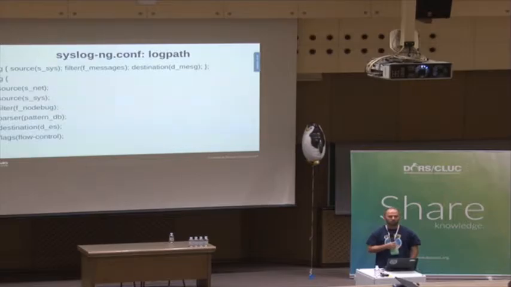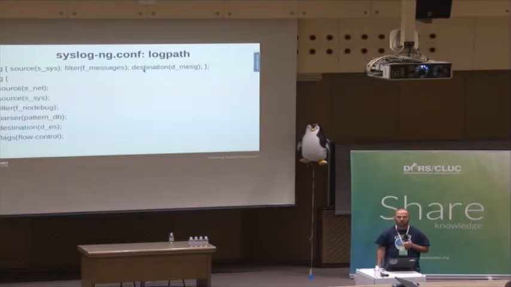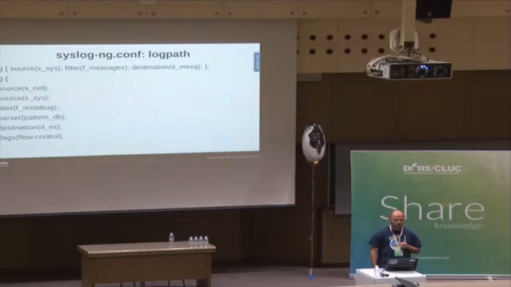Here is the most important part of the configuration: the log path. The first one is storing local log messages to a file. You can see that there is a source, a filter, and a destination, like in a pipeline. And next is a bit more complex, as there are multiple sources, a filter, a parser, and an Elasticsearch destination.